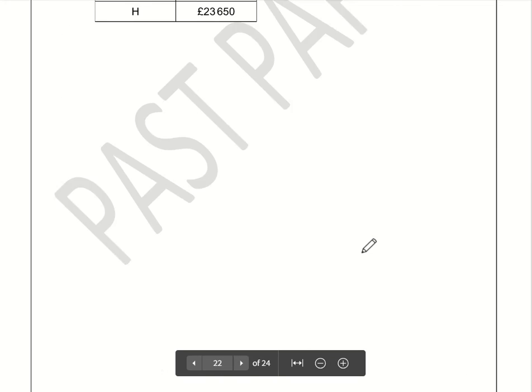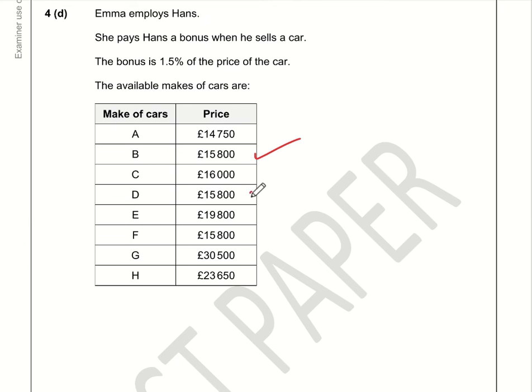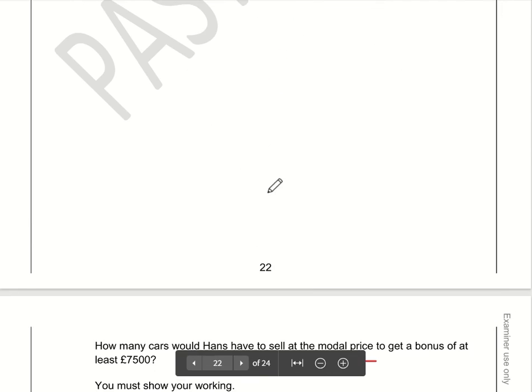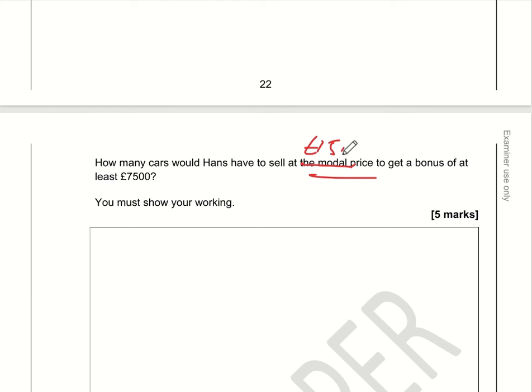The modal price is the price that pops up the most, and as we can see, 15,800 pops up more than any other, so the modal price is 15,800. There we go. So let's just clean the question up a little bit, and the bonus, let's just remind ourselves, is 1.5%. So what is 1.5% of 15,800?